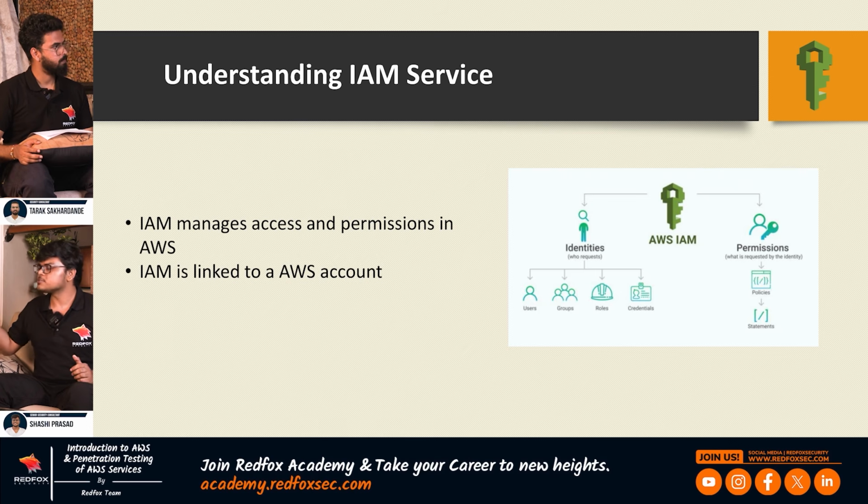Think of the IAM service as a database which has all the permissions stored in it. When a user wants to perform any action on the AWS account, they have to go through the IAM service, which defines whether this identity or user is allowed to access a service or not. That's what the IAM service is.